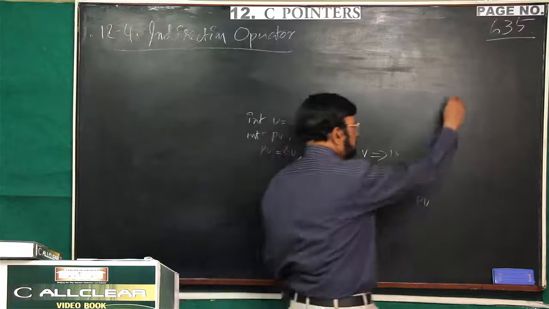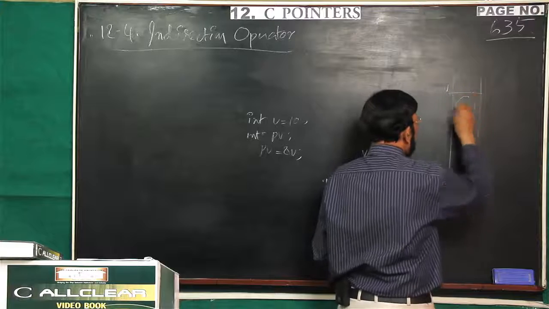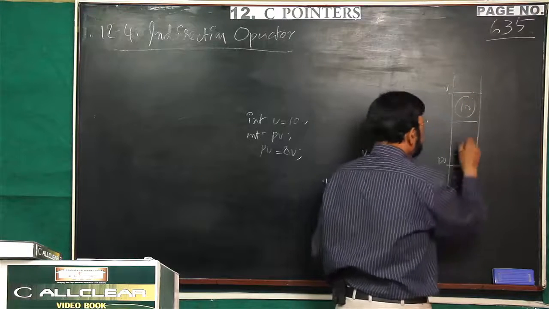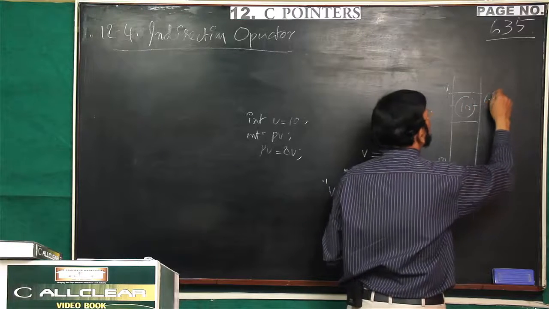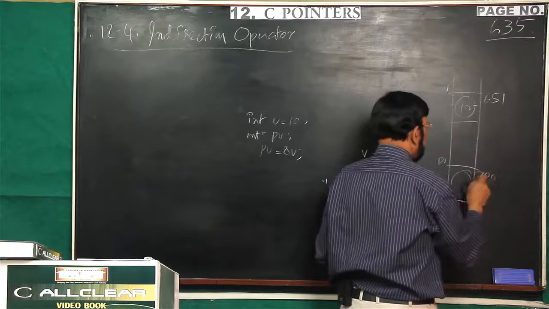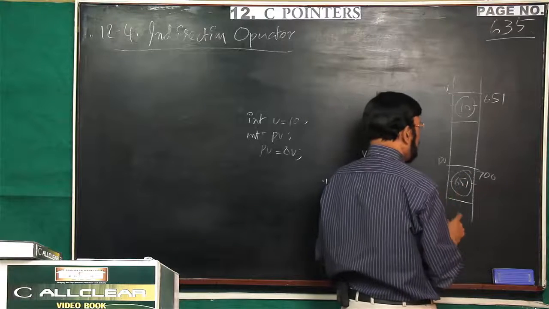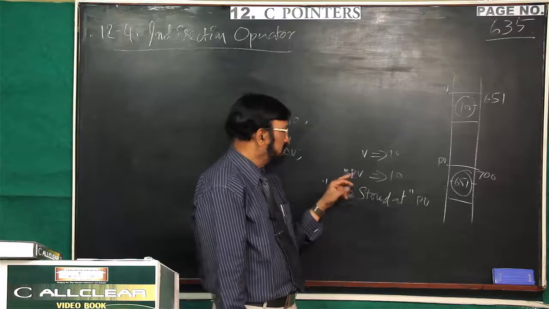Now with reference to the figure you can better understand. This is v, here 10 is stored, and this is pv. Let us say the address of v is 651, and this is 700. 651 is stored here, and with reference to this figure you understand the meaning of this.